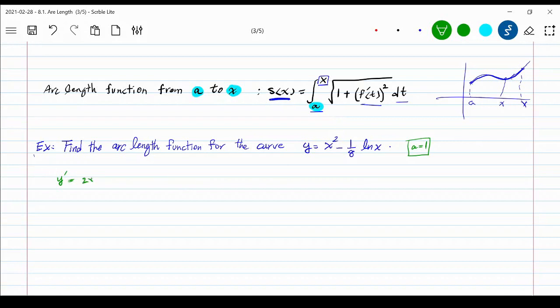It will be 2x minus 1/8 times 1 over x, or 1/8 over x. So the arc length becomes a function, s of x.